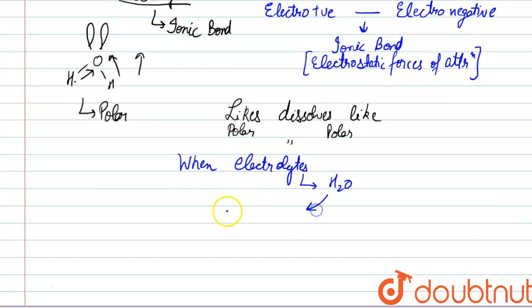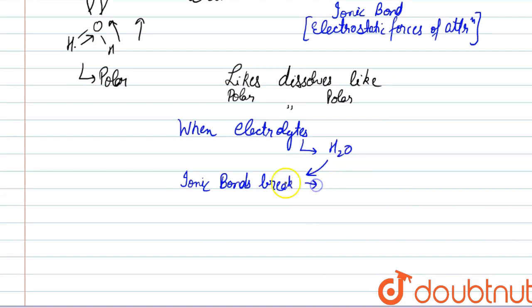The ionic bonds break, and due to this breakage of bonds, ions are formed. Now how these bonds are broken? When we dissolve any polar material in polar solvent, that is water, there is a release of energy. What energy? Hydration energy.